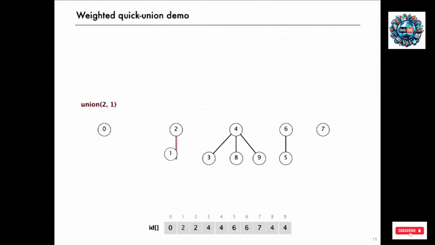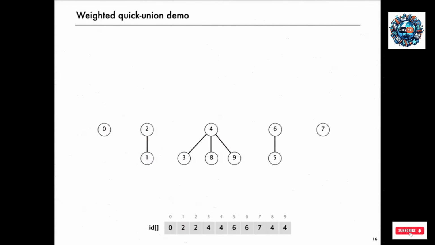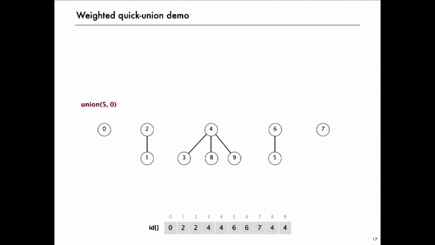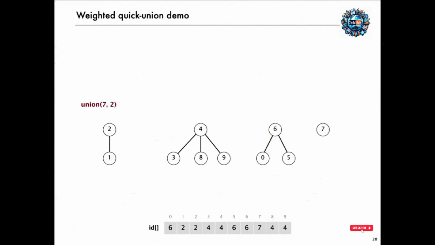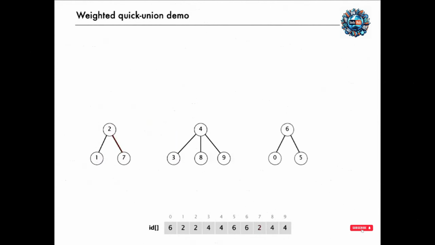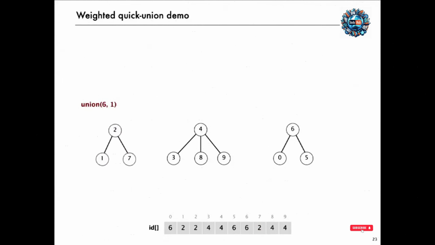2 and 1. 5 and 0. So now 5's in the bigger tree, so 0 goes below. 7 and 2. 2's in the bigger tree, so 7 goes below. 6 and 1, they're in equal size trees.